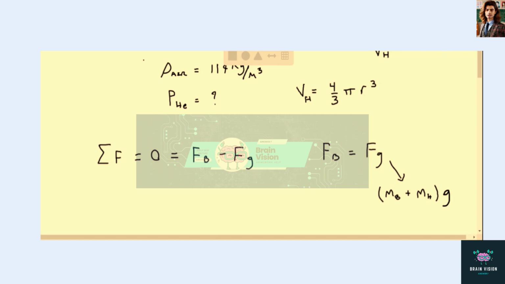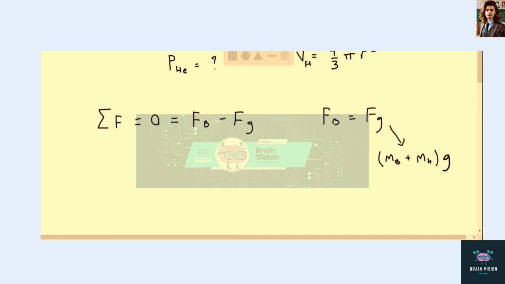Now the left-hand side, we'll have to remember what the buoyant force is, which is going to be the density of the surrounding medium, air, times the volume displaced, which is just the volume of the helium, or the volume of the balloon, times gravity, g. Okay.